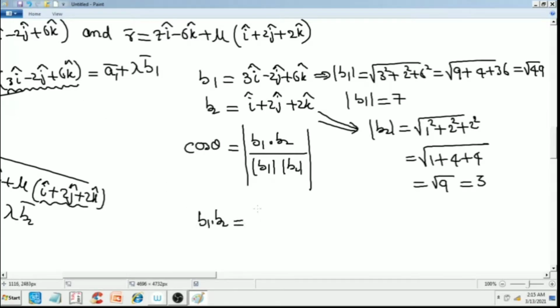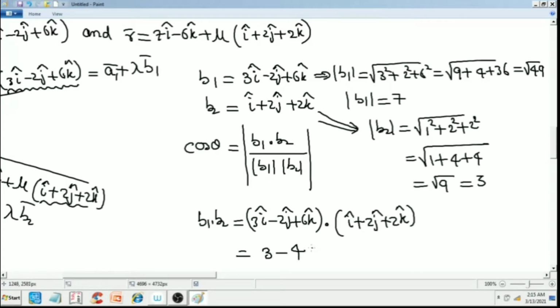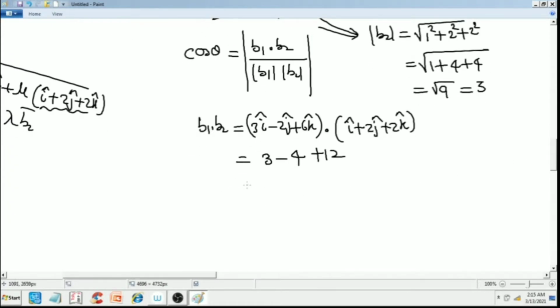So b1 modulus is 7, b2 modulus is 3, and let us do the dot product now. b1 dot b2 is (3i minus 2j plus 6k) dot (i plus 2j plus 2k), multiplying i coefficients, j coefficients, k coefficients: 3 times 1 is 3, minus 2 times 2 is minus 4, plus 6 times 2 is 12. 3 minus 4 is minus 1, minus 1 plus 12 is 11.